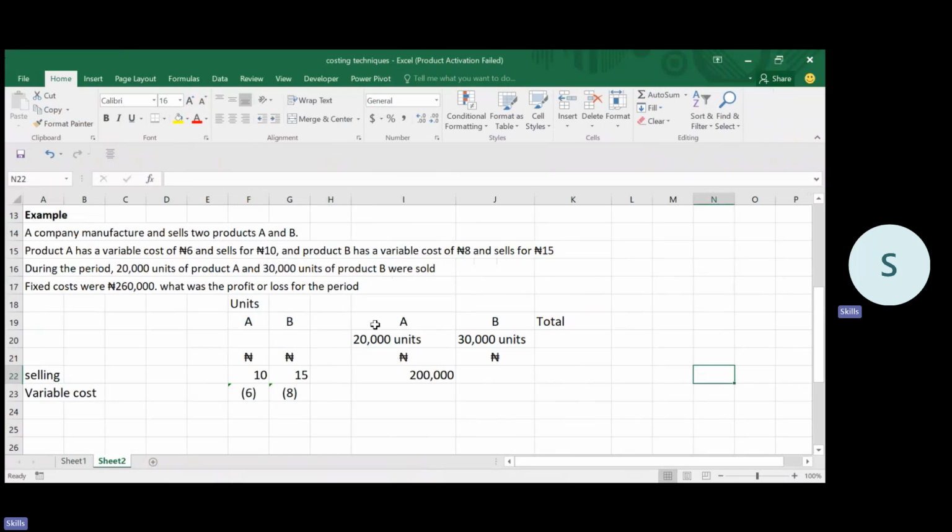Then for B, 30,000 units were sold at 15 naira per unit. So 15 naira times the 30,000 units will give us 450,000 naira. So this is the sales.